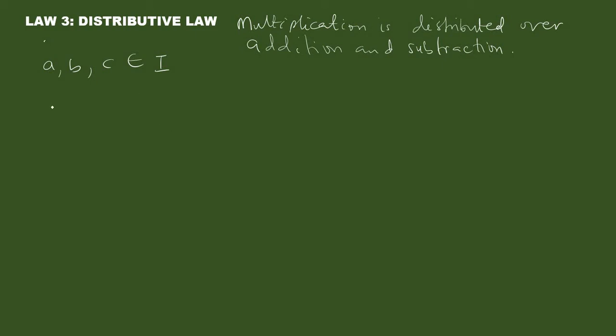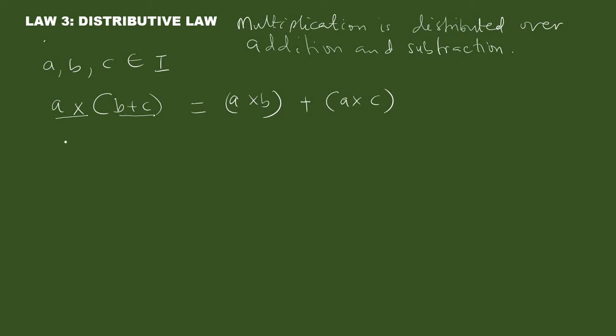So let's say that we have A times, let's start with addition, B plus C. This is the same as, we distribute this now to this. So we're going to have A times B plus A times C. You can see how I distributed this multiplication over this addition.